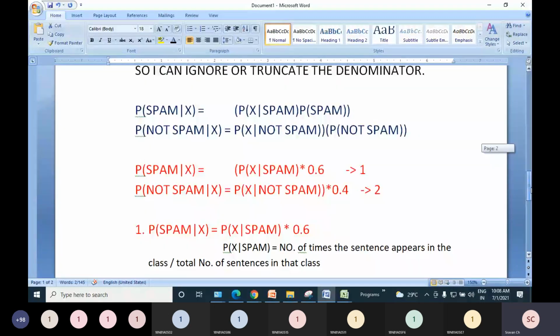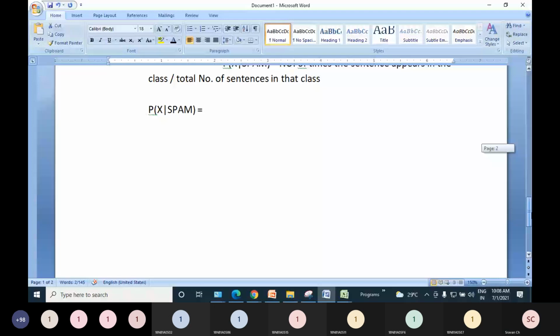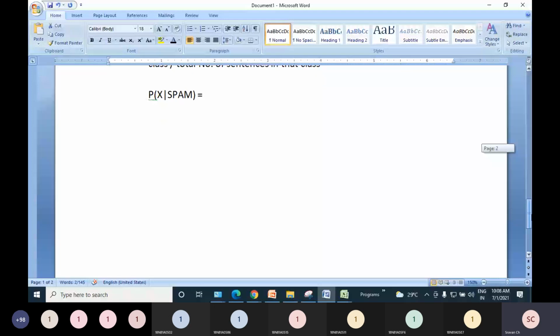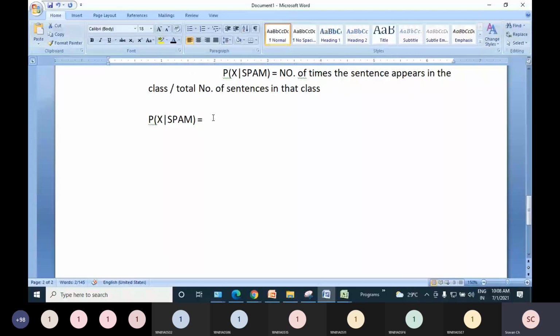So now how my formula will look is, I need to find the conditional probability of each word now. Ram, I think it was in small letters. Ram, then comes spam.